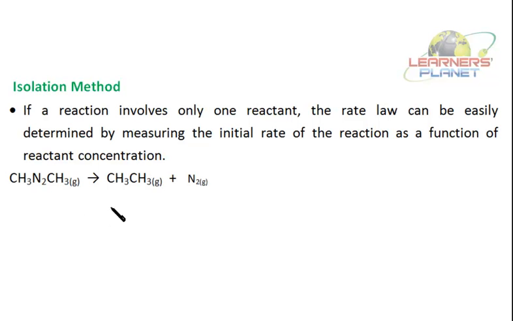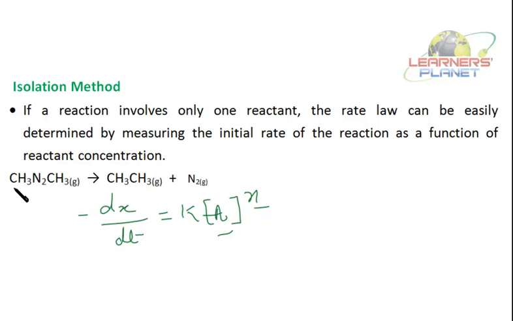The rate of a reaction can be expressed in terms of the change in concentration of the reactant at any instant of time, and that is equal to K. Since it is a reactant, I have to put a negative sign over here, because as the reaction proceeds, the concentration of the reactant decreases. Into the concentration of the reactant, which can be A, raised to the power of the coefficient. Now if the rate is determined as a function of the concentration, we can easily determine the order of the reaction.